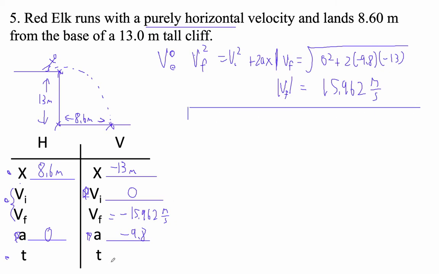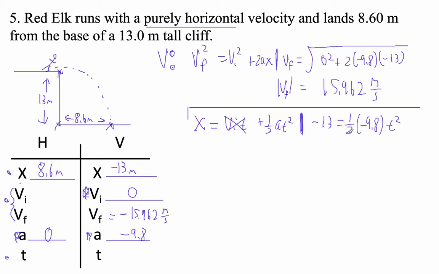All right, so let's look at the time. For this, I always use this to find the time. There are other ways to do it. 1/2 AT squared, so negative 13 equals, and the initial velocity is 0, so that whole term goes away. So it's 1/2 times negative 9.8 times t squared. To get that t alone, just follow along with me. Type in the negative 13, multiply by 2.